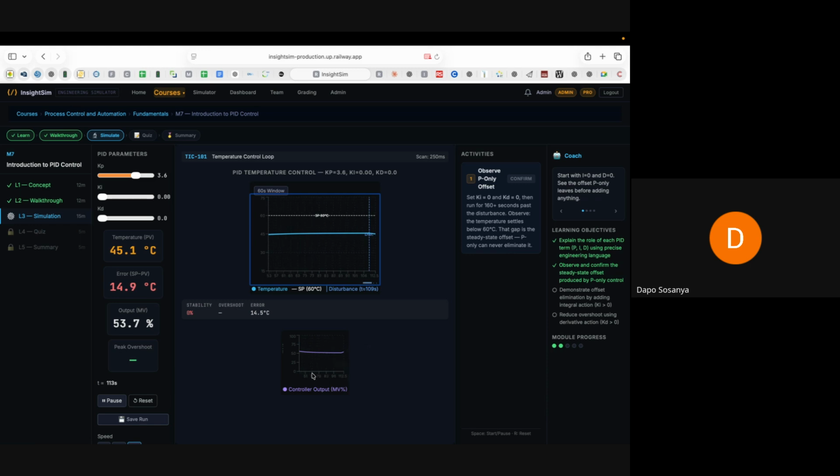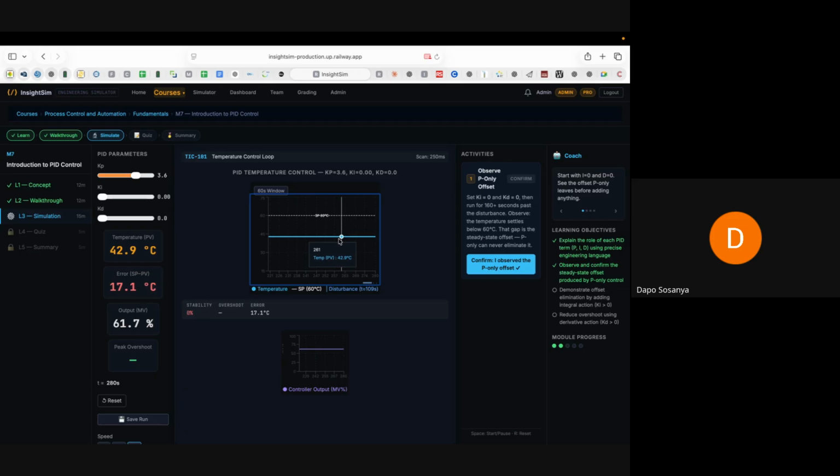So this is a controller output under, right? And then you can begin to see that at the P only value, where KI and KD are 0, we have this offset, this sustained offset. The process is still running, but the offset is there.